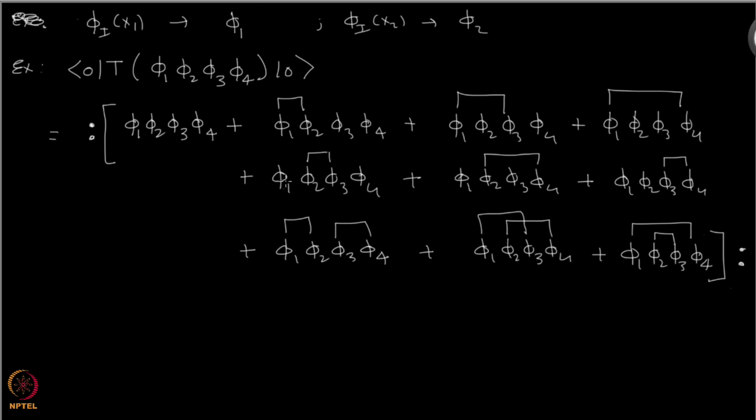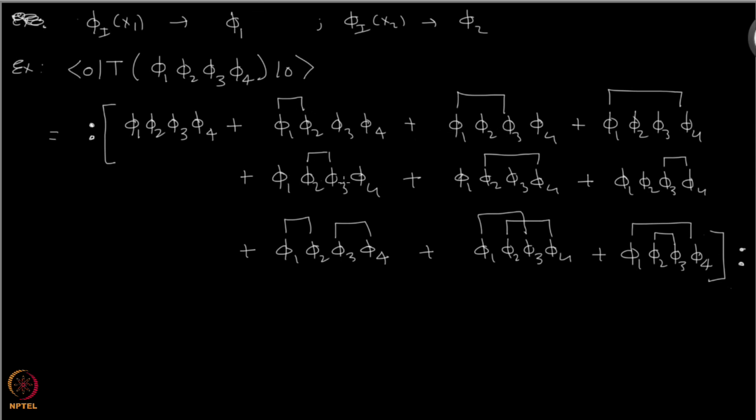So you see, you get one term which has all the 4 operators, then you get 6 terms, 1, 2, 3, 4, 5, 6, which have only 2 operators, right? This one has only phi 3 and phi 4 as operators, and this contraction is a complex number, the propagator. Similarly, this one has only 2 operators, phi 2 and phi 4, and this contraction gives you a propagator between x1 and x3.